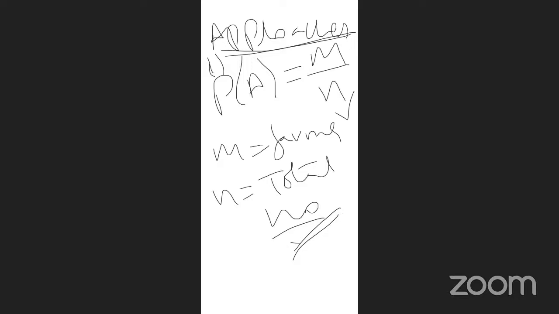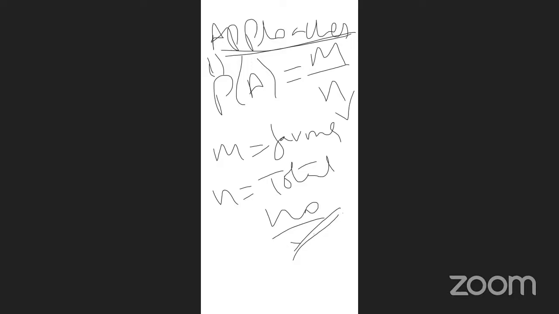They may also ask you the definitions of event, happening of an event, success of an event, exhaustive event, mutually exclusive event, independent event, and dependent event. These are the definitions you can expect. So they may ask you to define these, or ask about the approaches to probability. Two approaches we have discussed.